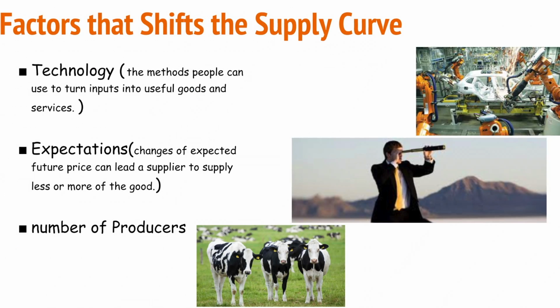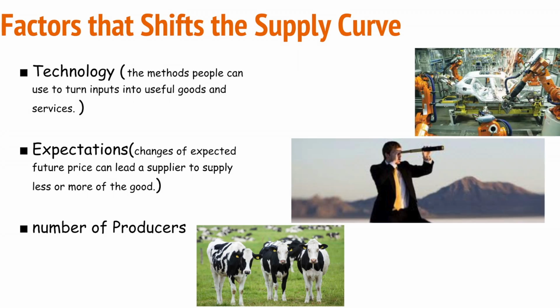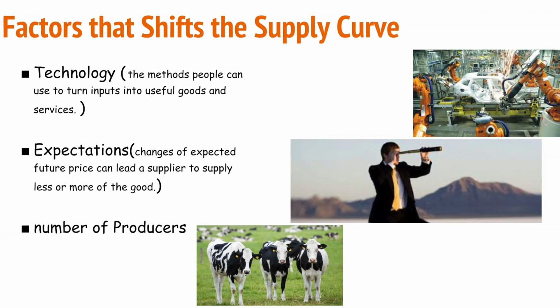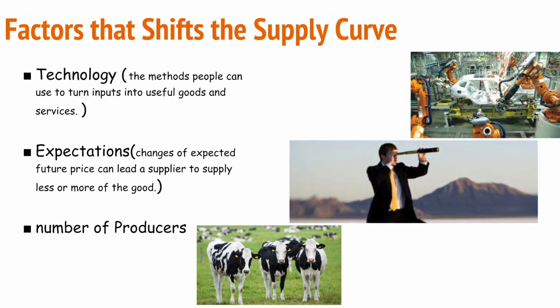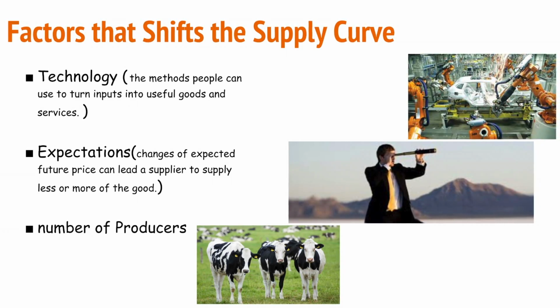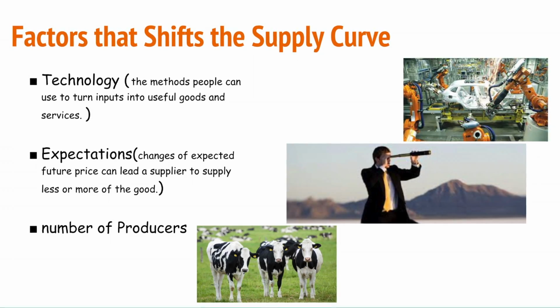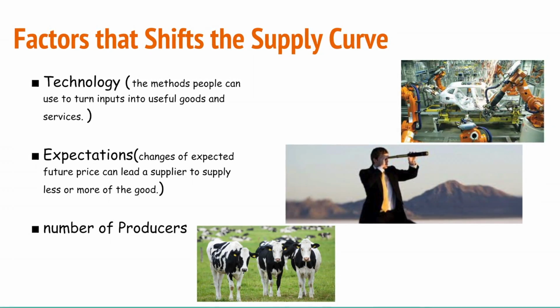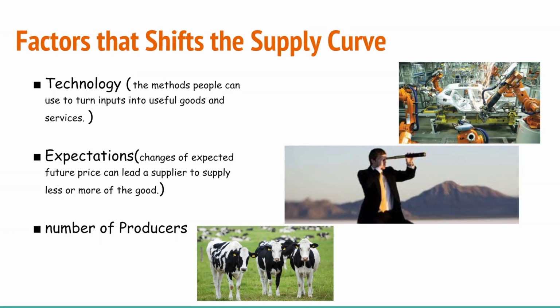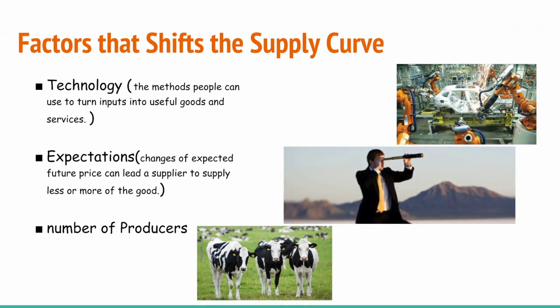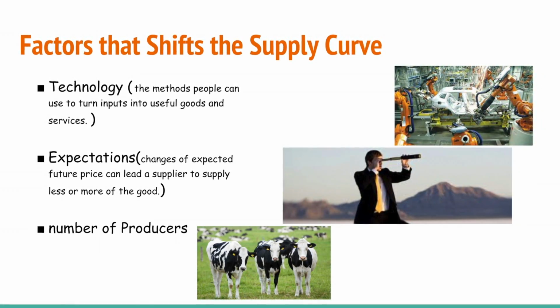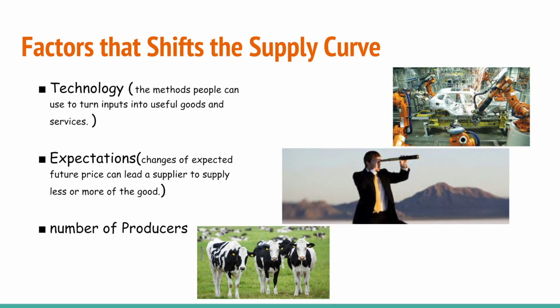Third, the technology. This is the method people can use to turn inputs into useful goods and services. Fourth, expectations. A change of expected future price can lead a supplier to supply less or more of the good. And the last one is the number of producers, which also means the number of competitors.